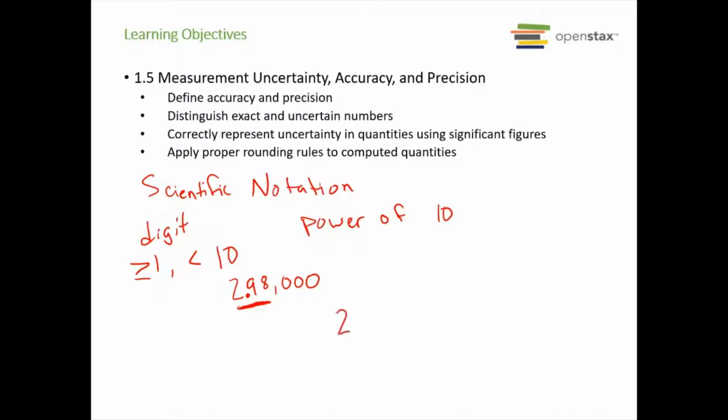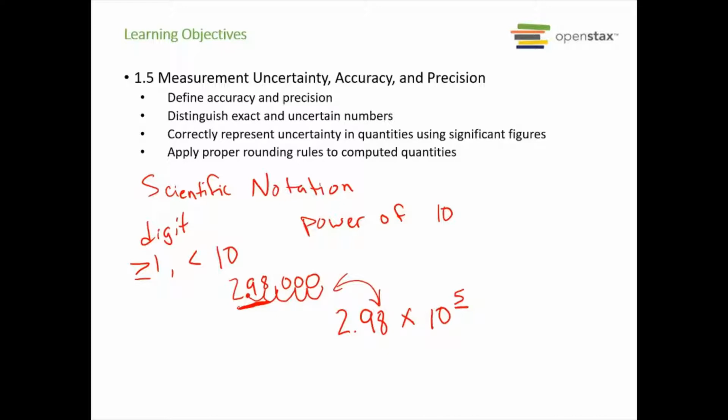So this is going to be 2.98 times 10 to some sort of power. To figure out that power, this decimal place to get us back to 298,000 has to go 1, 2, 3, 4, 5 spaces. So this is 10 to the 5th power. So this is 2.98 times 10 to the 5th power. These represent the exact same number.